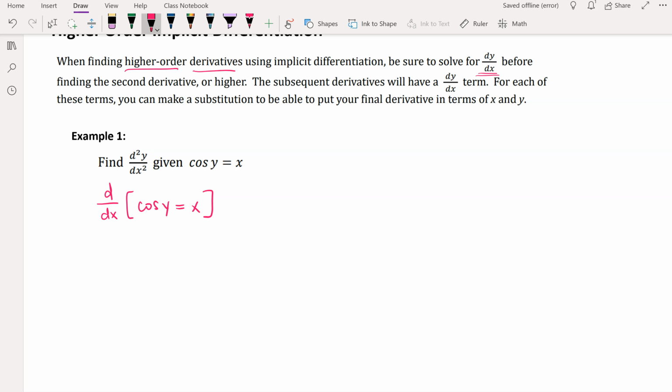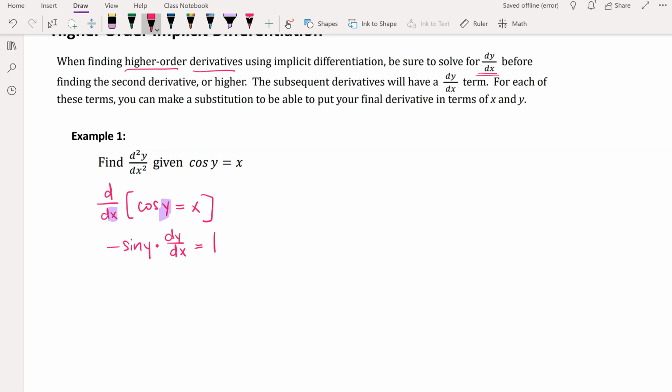So the derivative of cosine y is negative sine y, except remember, we're taking the derivative with respect to x and we have a y term. So what do we need to multiply by? Dy dx, equals the derivative of x. I need to take the derivative of the right hand side. The derivative of x with respect to x is just 1.